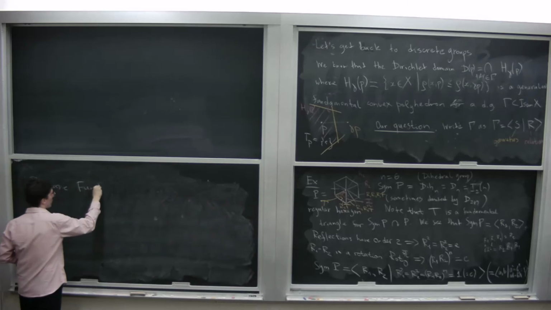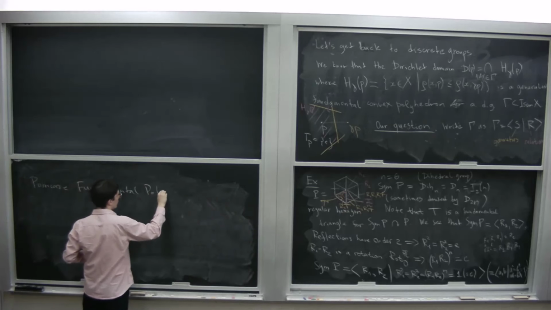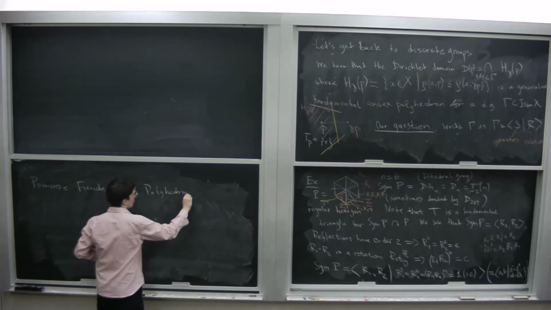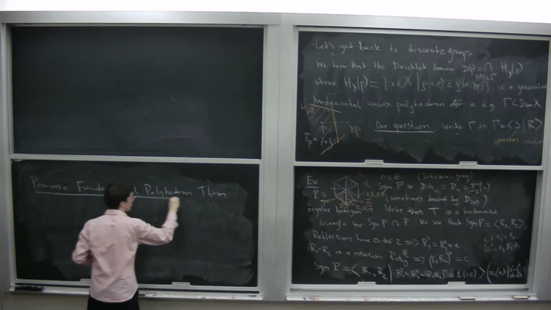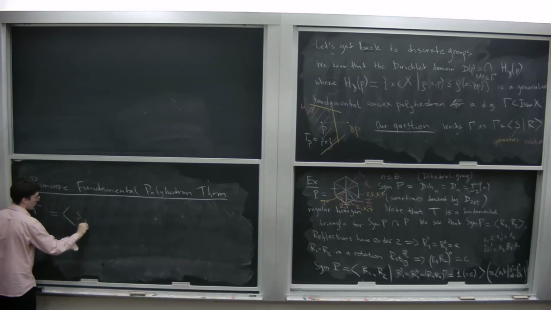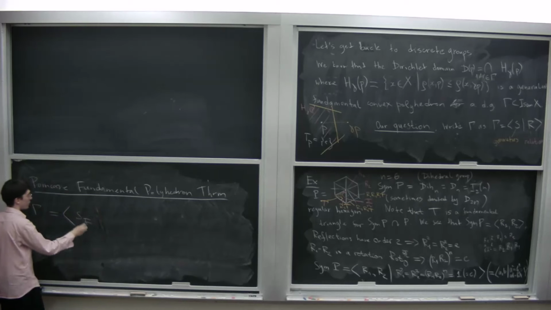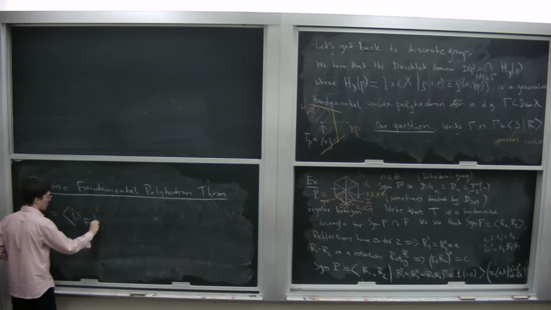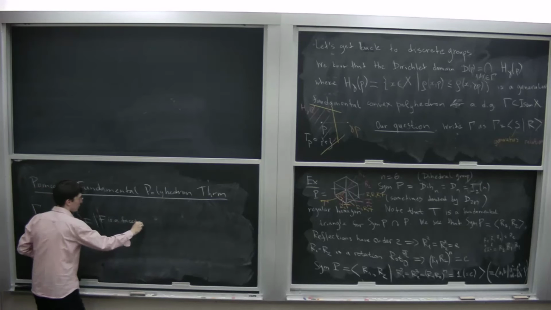The Poincaré fundamental polyhedron theorem says that gamma is generated by the set S_F, where F is a facet of P.